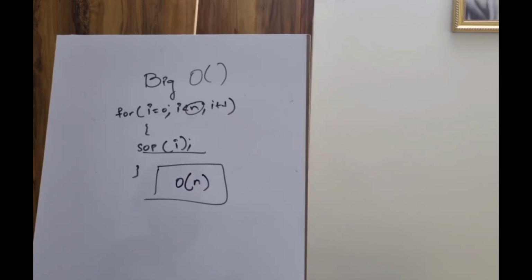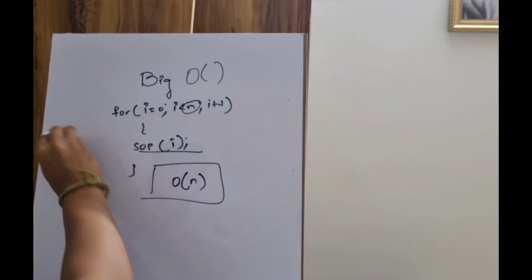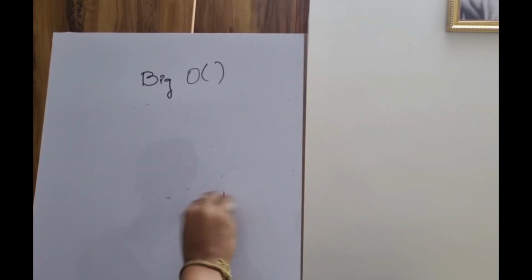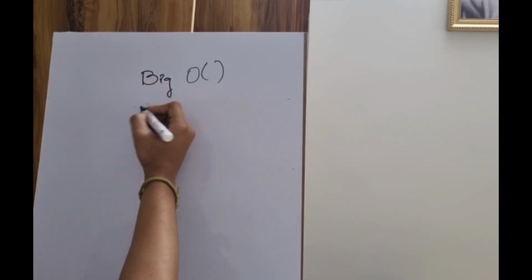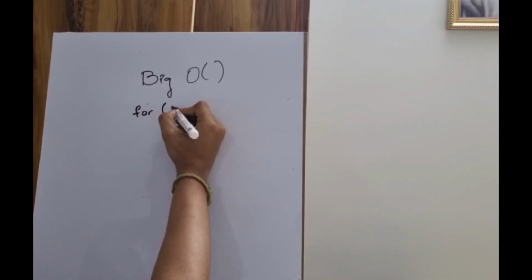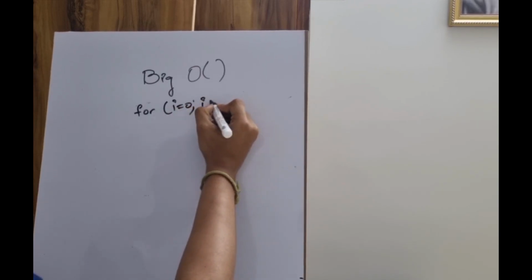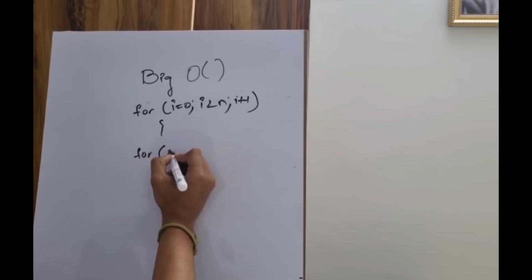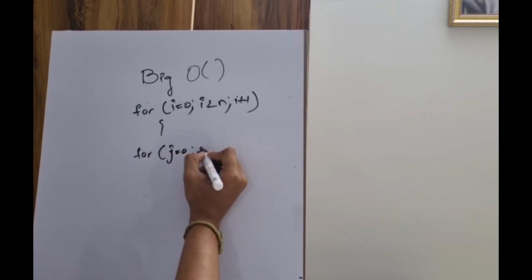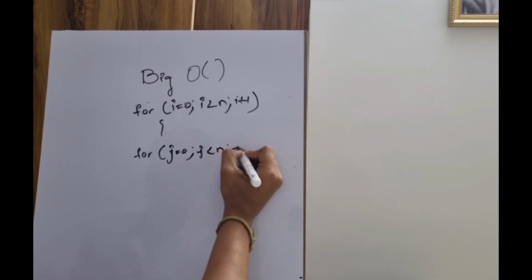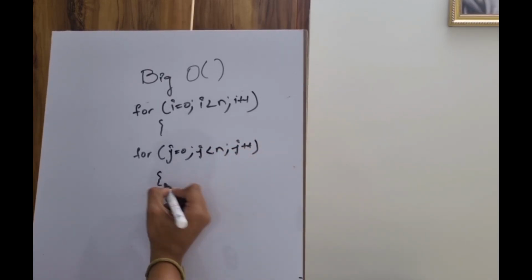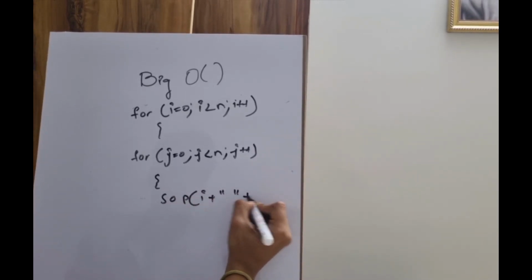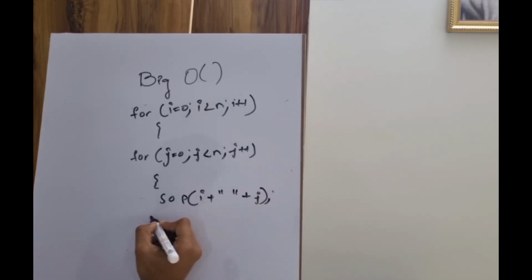Now, if you want to calculate further what other types of time complexity we can have, let us assume that I have nested a for loop within a for loop. I'll just leave a space in here, or else it will take it as an arithmetic calculation, right?